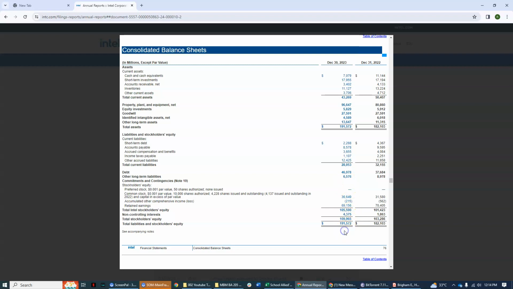It's not stated in here, but that would make the total liabilities and stockholders' equity 191 billion. So take note of that. We're talking about December 31, and this is the snapshot of the company. This is how we read about the company.